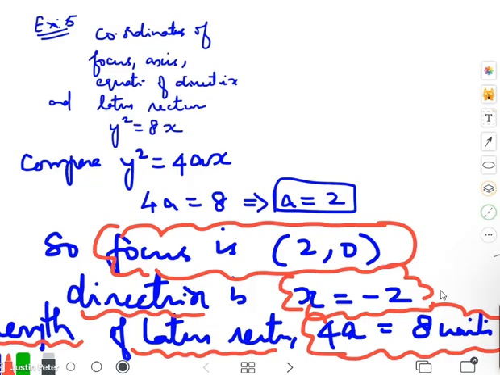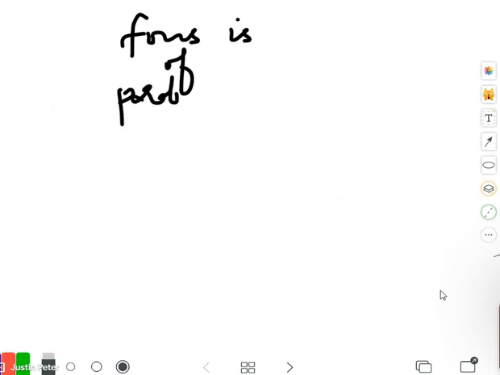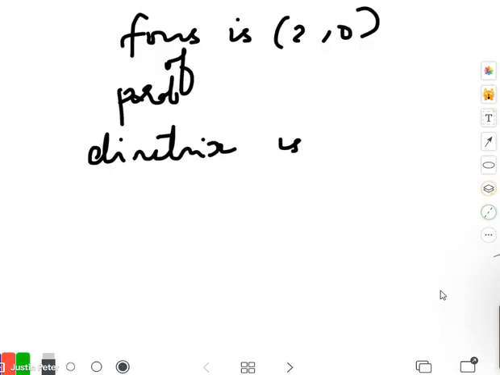Shall we do another one? Move on to the next one. Given the focus of the parabola is 2 comma 0, the directrix is given as x is equal to negative 2.